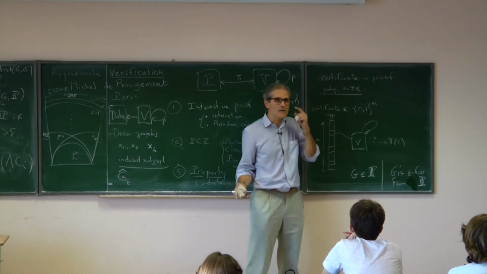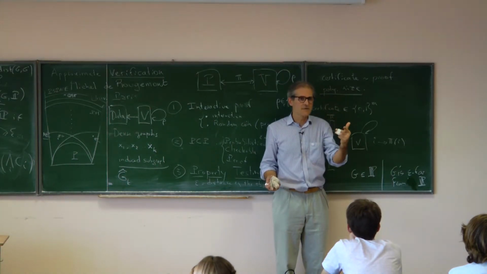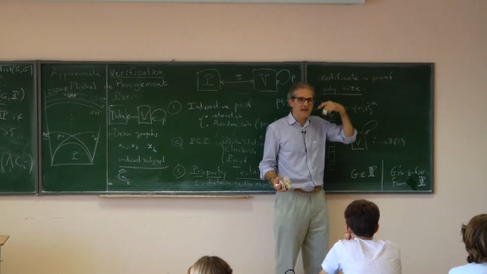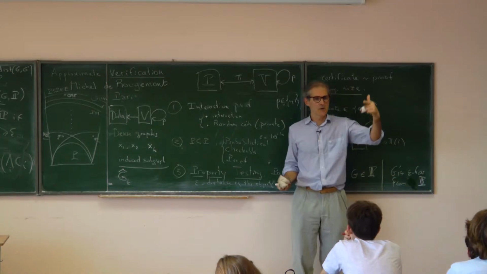In other words, an epsilon tester is a randomized algorithm such that if G is in P, it will say yes, and if G is epsilon far from P, it will say no with high probability.